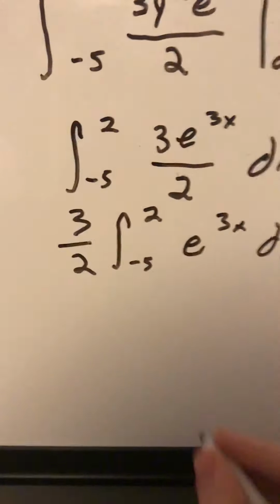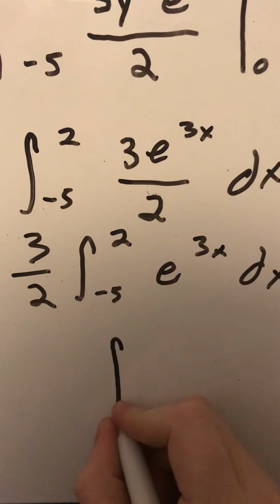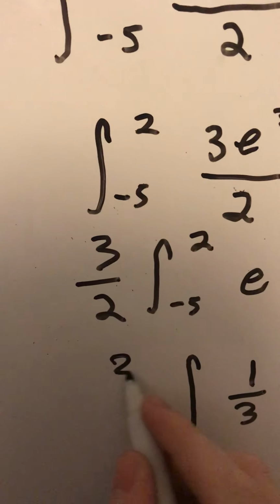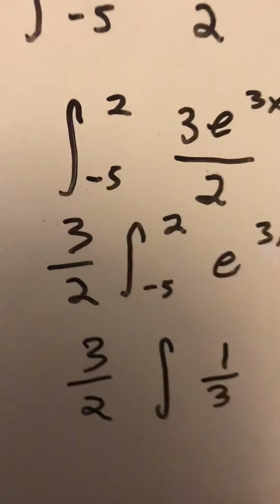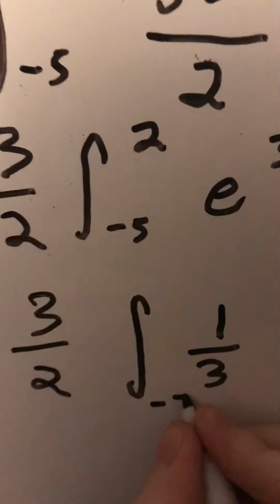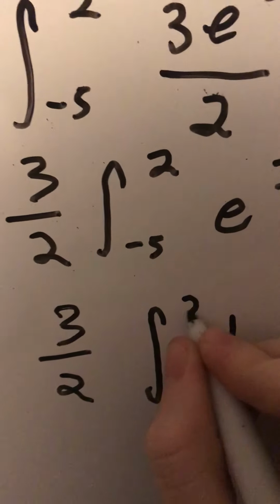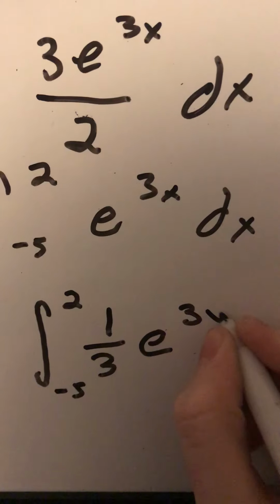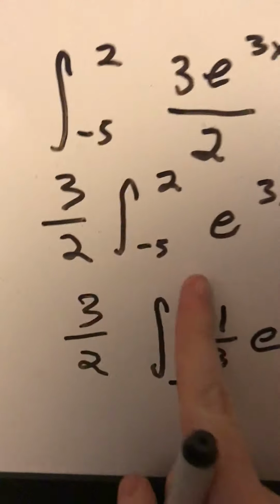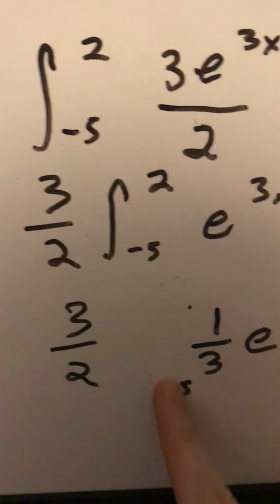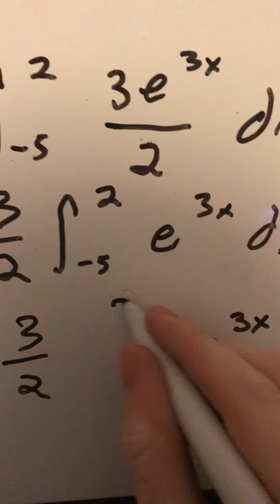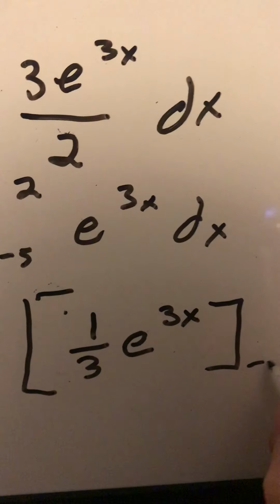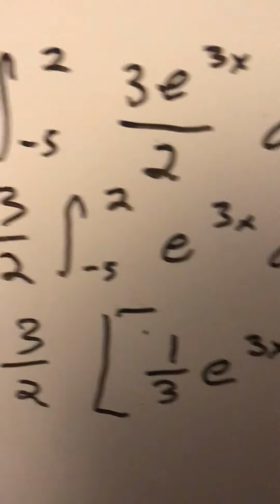So here we see that our integral will be 1/3, and of course our 3/2 is still here. It still exists. This is going to be -5 to 2 of e to the 3x. Oh wait, this isn't an integral anymore. We're evaluating it now from -5 to 2.